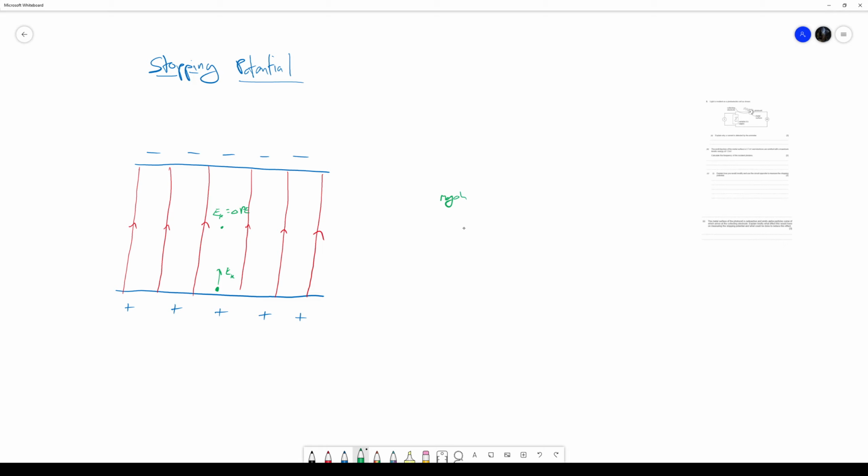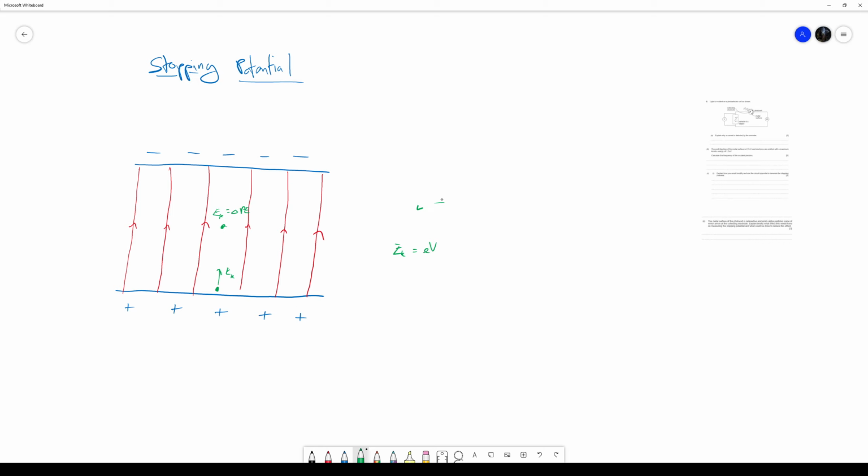We could do force times distance moved, but probably more useful to say that it is the charge times the change in potential. So when it gets to this point and falls back down again, at this point, if this was an electron, the original kinetic energy that we gave it must be equal to E times the potential difference that it's traveled through. Hopefully that makes sense.